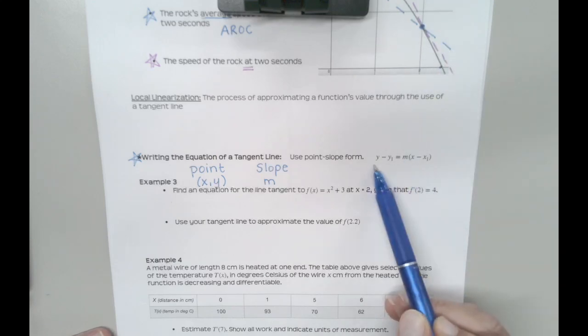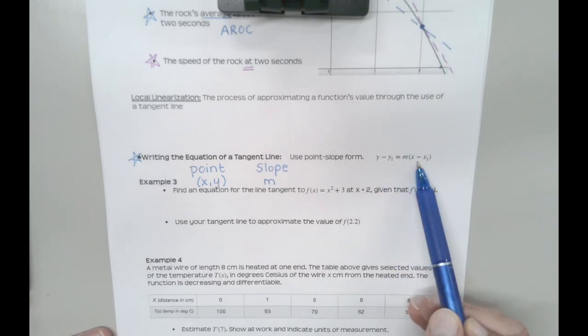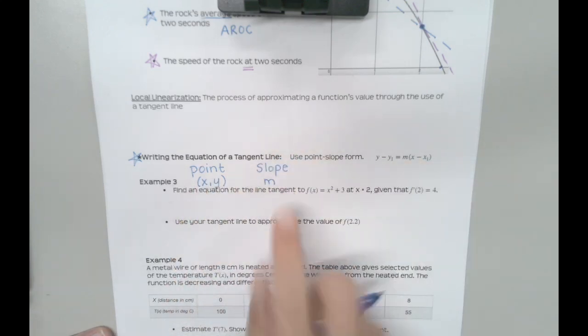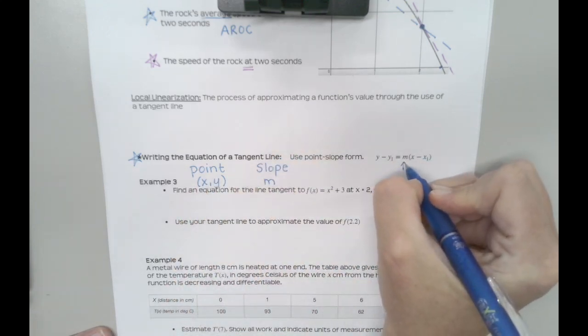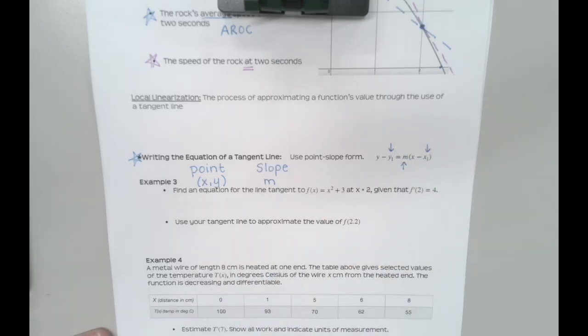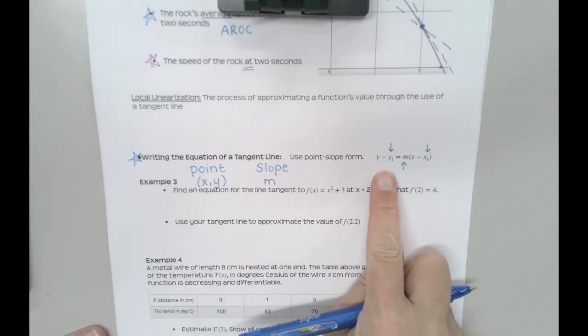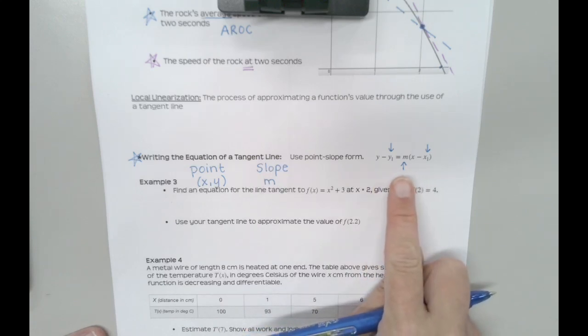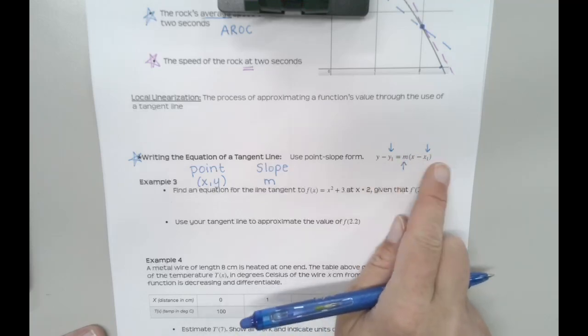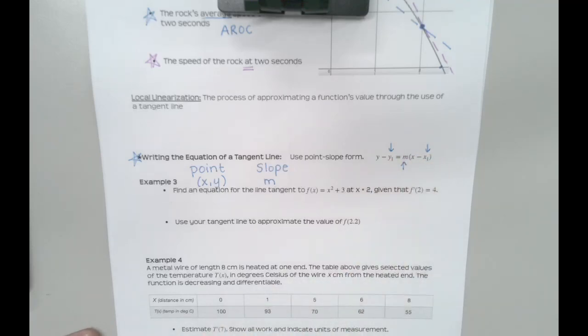So this is another version of a linear equation that we're going to use. And remember those 2 things we talked about here and here? There's your slope, and this right here and here are your point. Now if we simplified this, we could turn it into an mx plus b equation, but we don't need to simplify it. We are allowed to just leave our tangent lines written just like this.